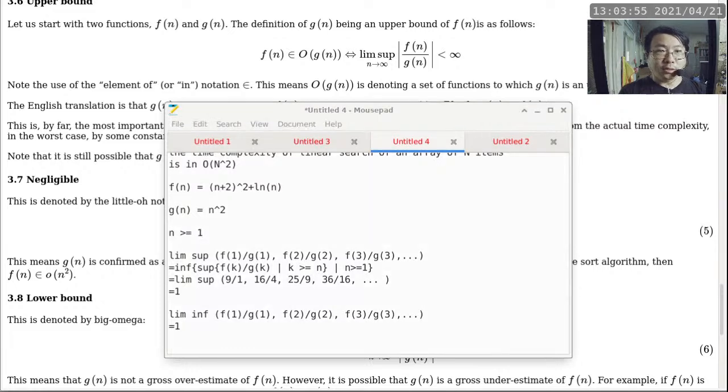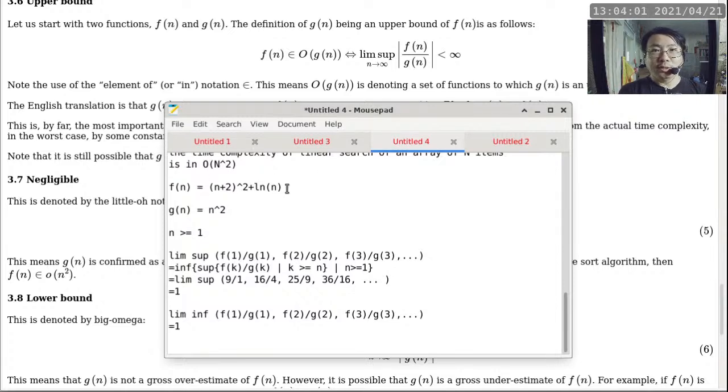So Jack is correct. Jack is correct that even when f of n looks kind of ugly like this, and you can make it look even uglier by saying, oh, by the way, we also have 1 divided by (n plus 2), that is not going to change anything because the portion that contributes to the growth of f of n the most is n squared.